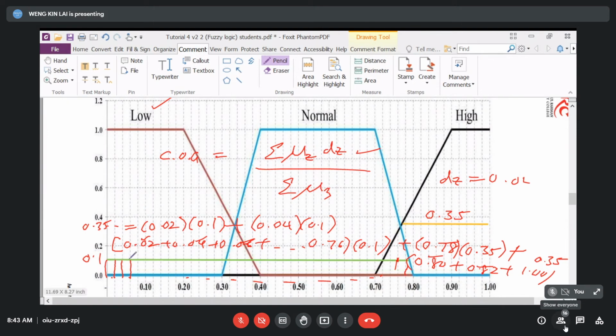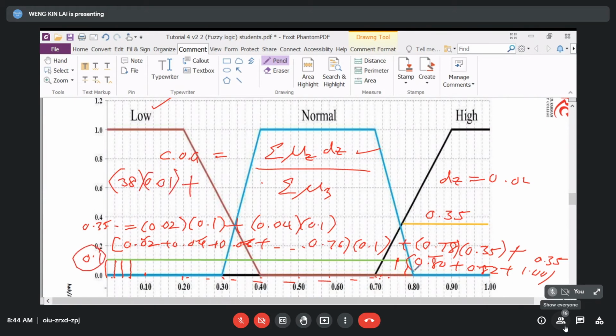So you have your 1, 2, 3. Let's say it's 5 per block here. So it's 1, 2, 3, 4, 5, 6, 7. 7 times 5, 35, 36, 37, 38. So this one will be 38 times 0.1, right? Membership is 0.1.